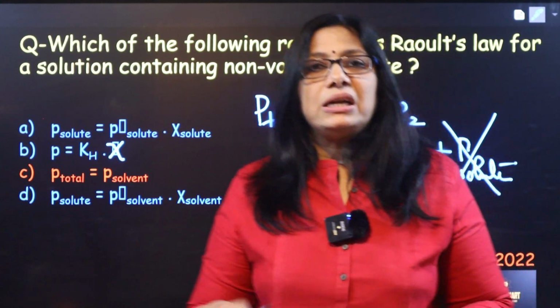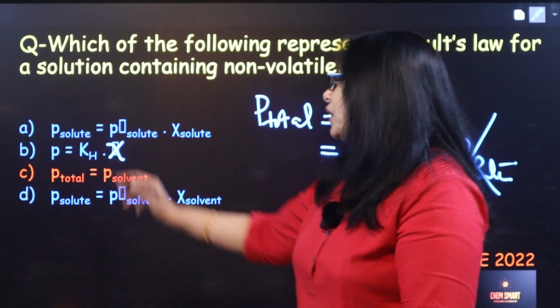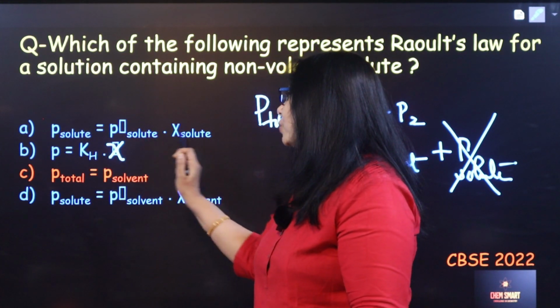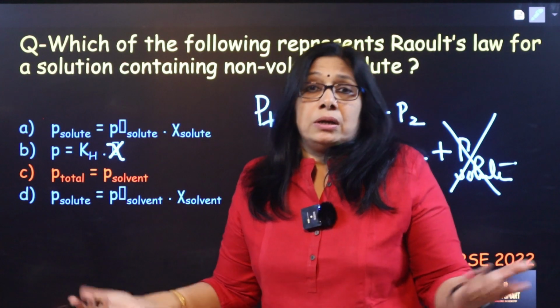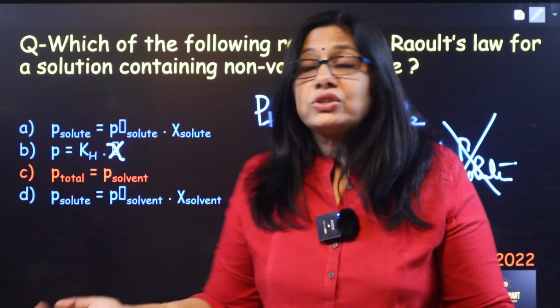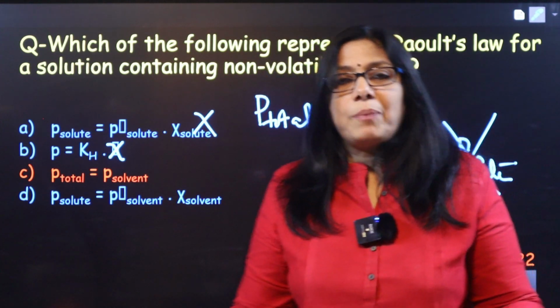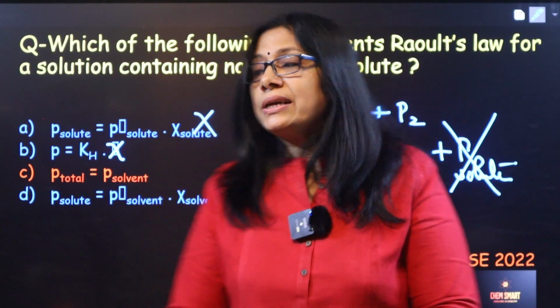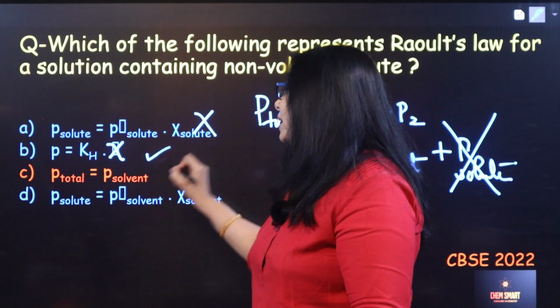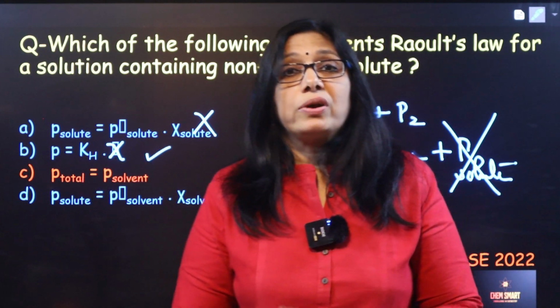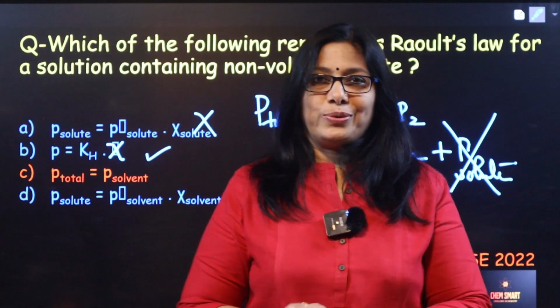I will make it a little more clear. If you come to the first one, here P solute is equal to P0 solute into chi solute. Solute is not volatile. So this is wrong because it is not applicable to a non-volatile component, right? This one, P is equal to KH into chi, is the mathematical form of Henry's law, not Raoult's law.